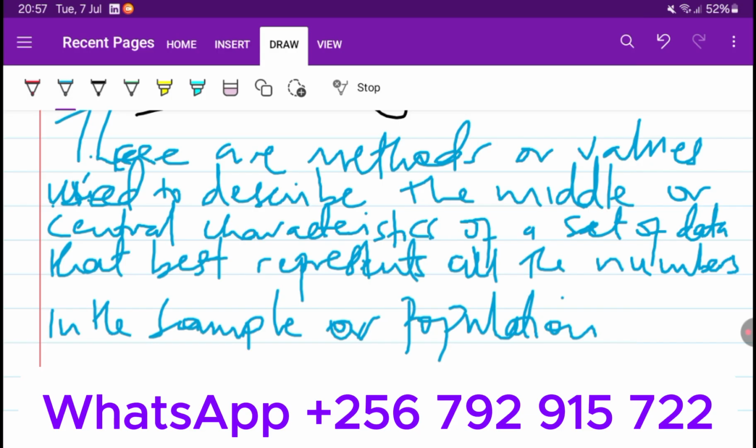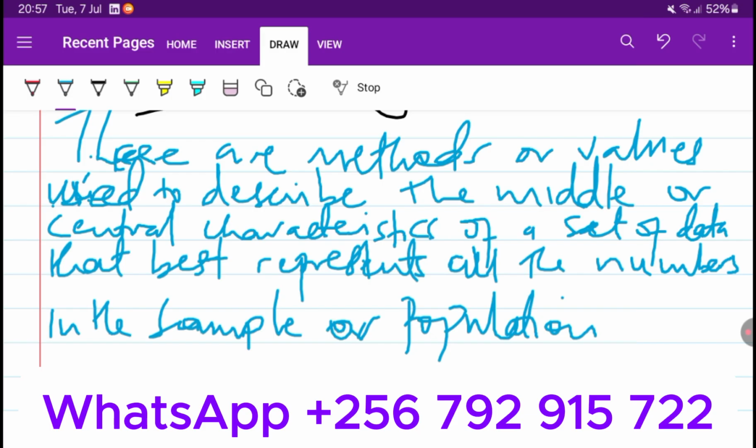So these are methods or values used to describe the middle or the central characteristic of a set of data that best represents all the numbers in the sample or population.